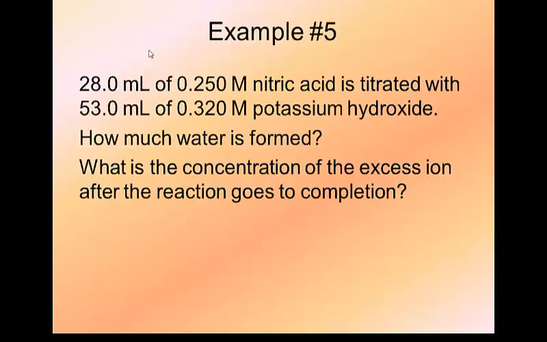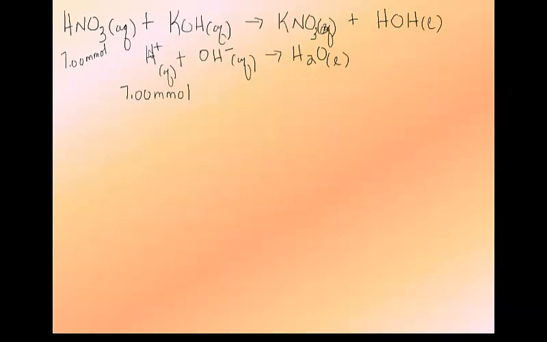I have 53 milliliters of a 0.32 molar potassium hydroxide, so I have 17 millimoles of the potassium hydroxide, meaning that I have 17 millimoles of the hydroxide, since it's a 1-to-1 ratio, one hydroxide per compound.